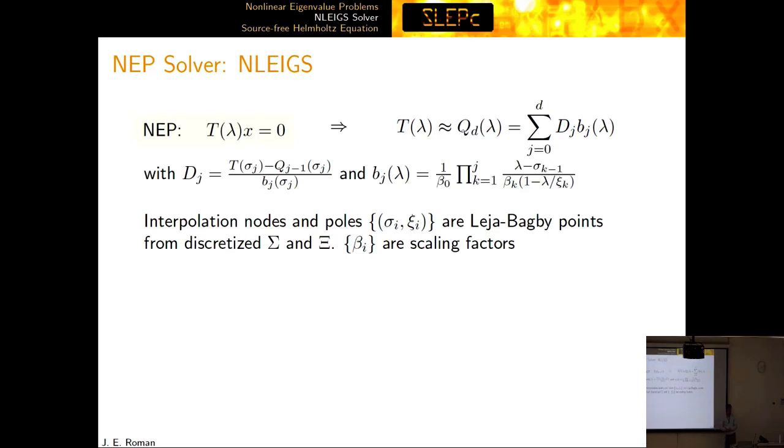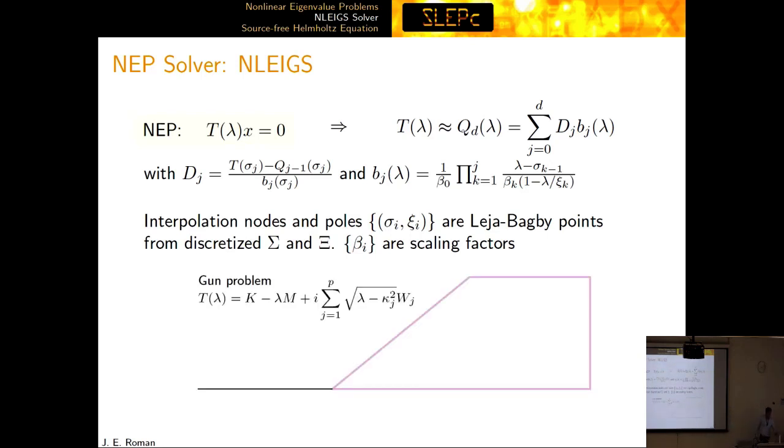Okay? So as an example, we have this famous problem called the GUN problem. You can see here is the linear part, and in the nonlinear part we have a square root, and we can see that this function is singular in this branch, and we are interested in computing the eigenvalues in this region.